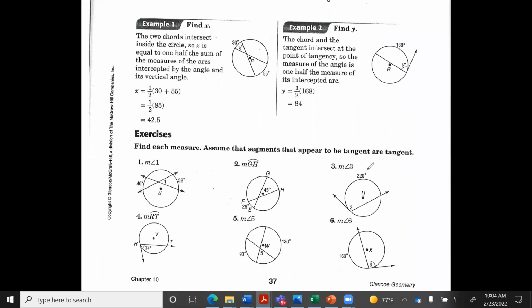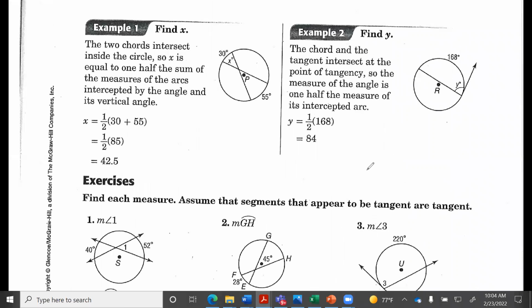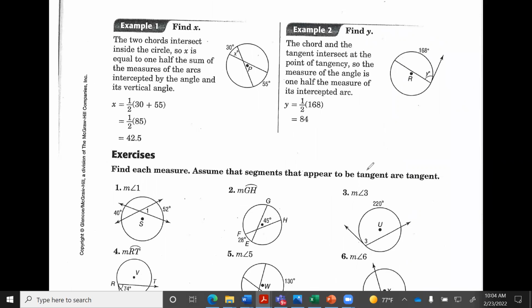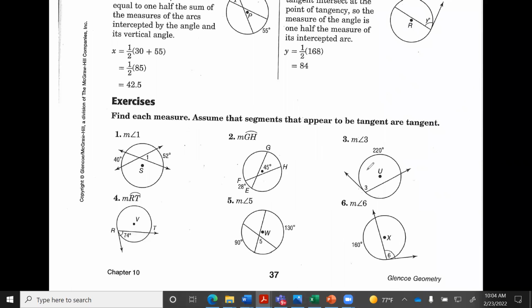All right, down here on the examples. So now, on the examples, we have a couple of arcs that are going to be used here. These 2 arcs are not the same measure.